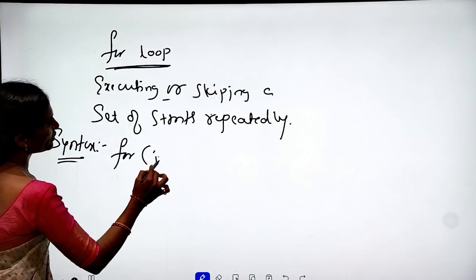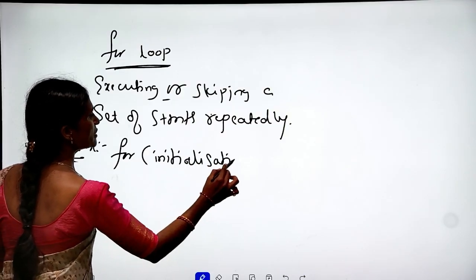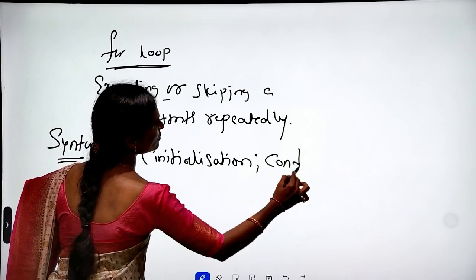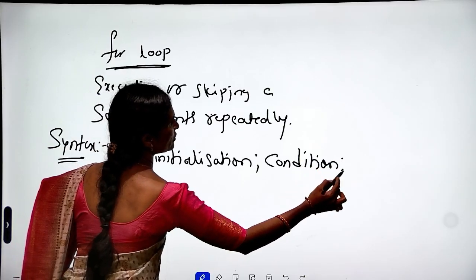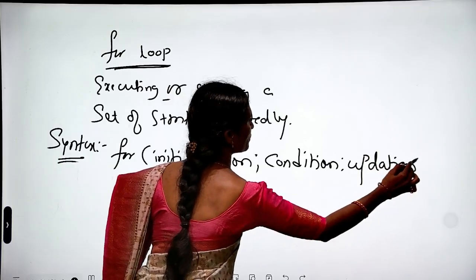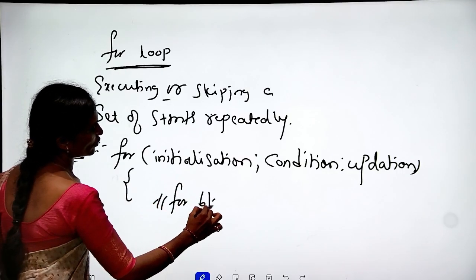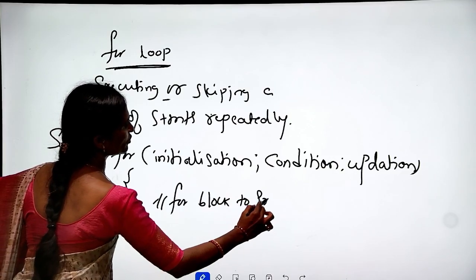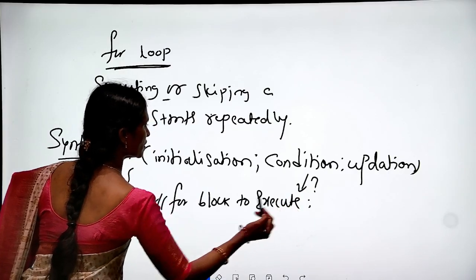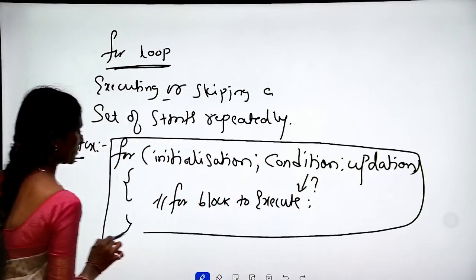That is for, first initialization, separated by a semicolon, then the condition, then the updation, the third part. And here are the blocks to execute. Based on this condition, this block will execute. This is the syntax for the looping.